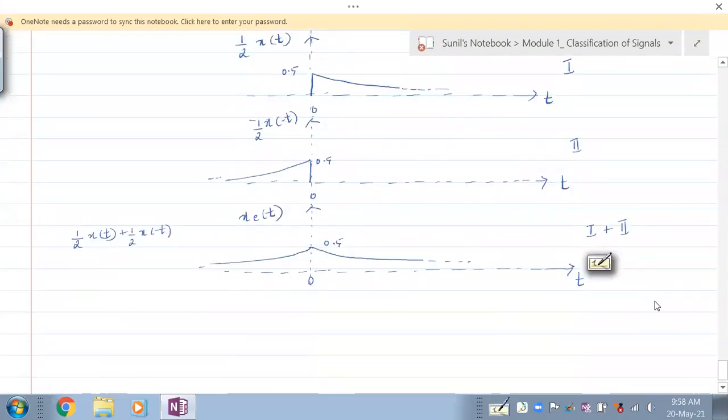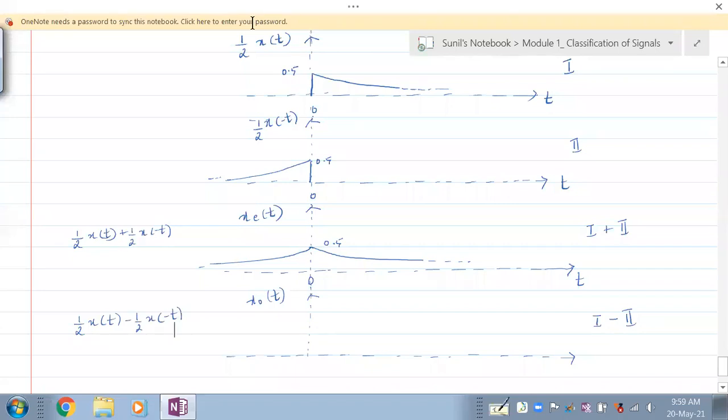So how to do x odd of t? How to get x odd of t? What do we need to do to obtain x odd of t? We need to do first signal minus the second signal, because it is half x of t minus half x of minus t.